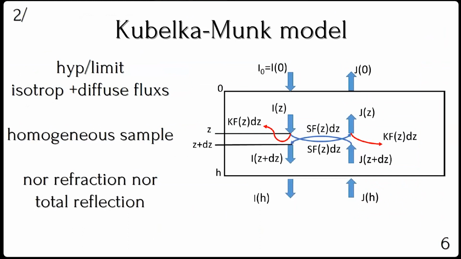To talk a little bit about the Kubelka-Munk model, this model is for materials that light passes through, without air in the middle.